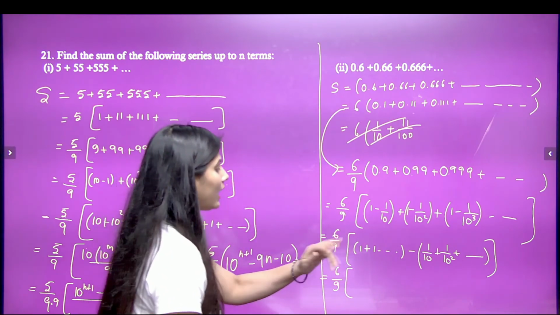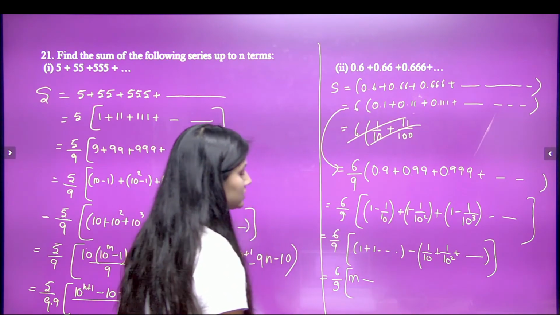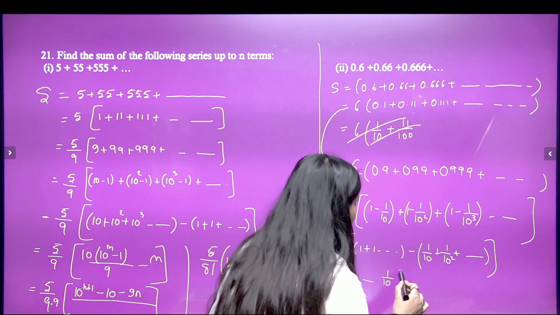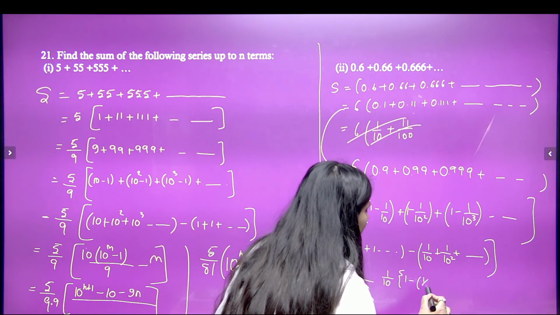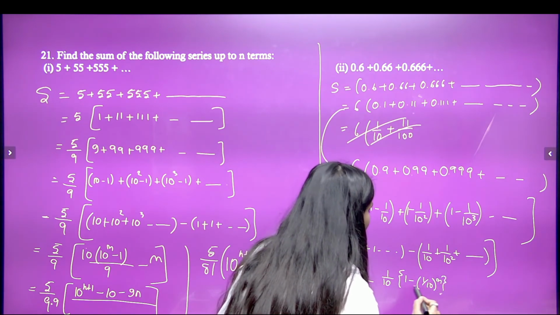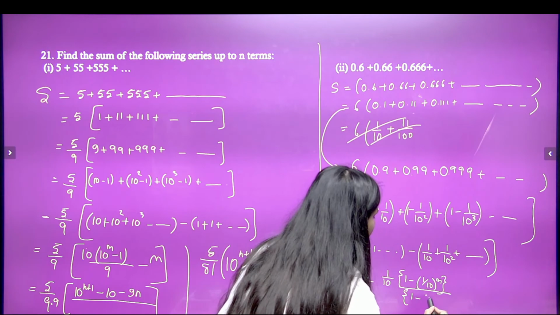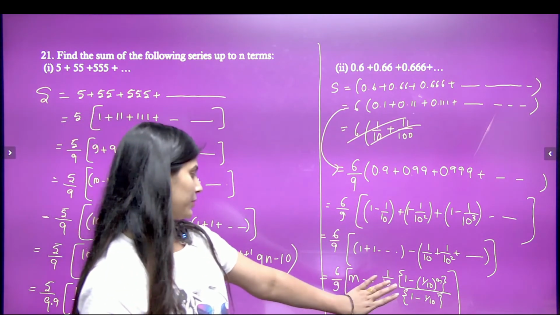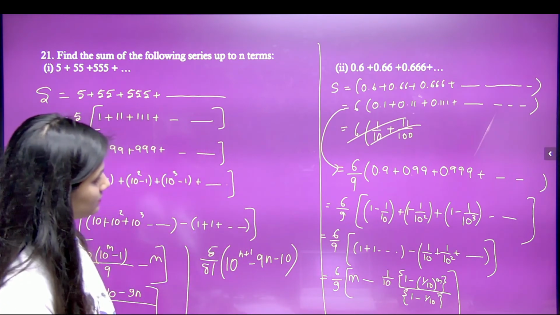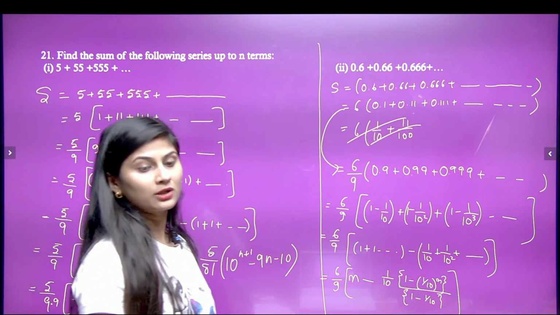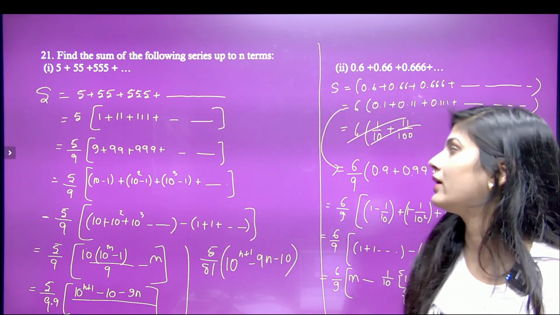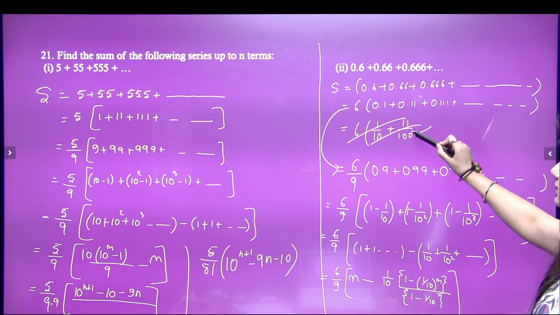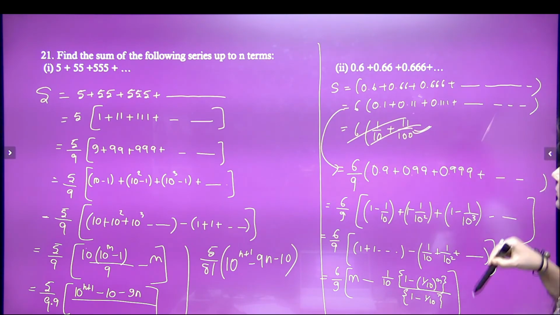If I add 1 n times, I have n minus, this is the sum of GP, so it is a, 1 minus r to the n, by 1 minus r. That's it. Now you can simplify this. This will give you the answer. Okay, so this was question number 2 of 21. We can solve this equation like this only, but I am doing it in this way.